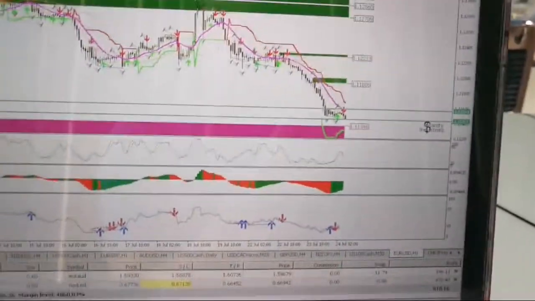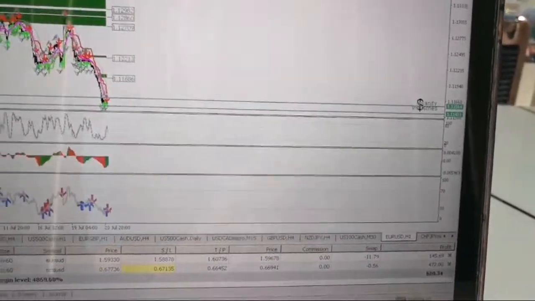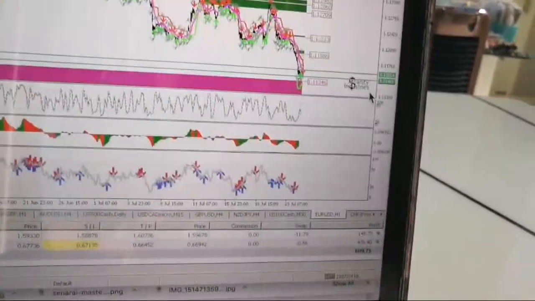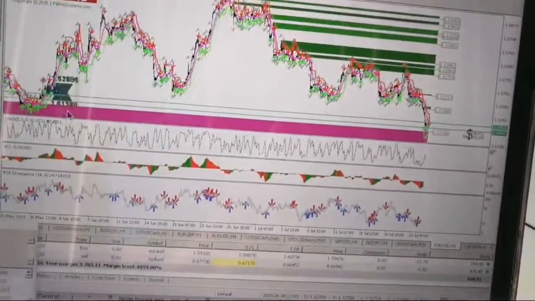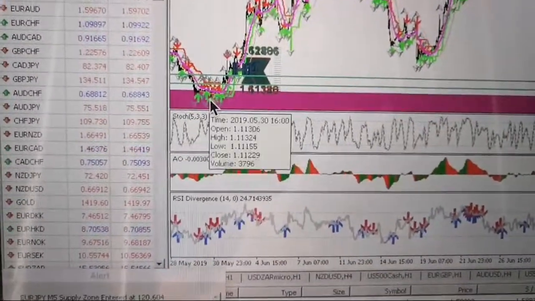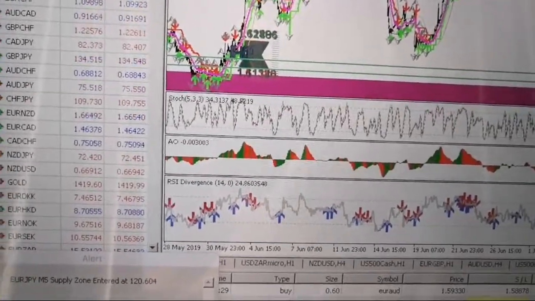But at the same time, when I zoom out, I start to see a little zone that is going to challenge. Okay, so I see that there is this May low that it can actually go to challenge. I'm going to go with the H4 chart.